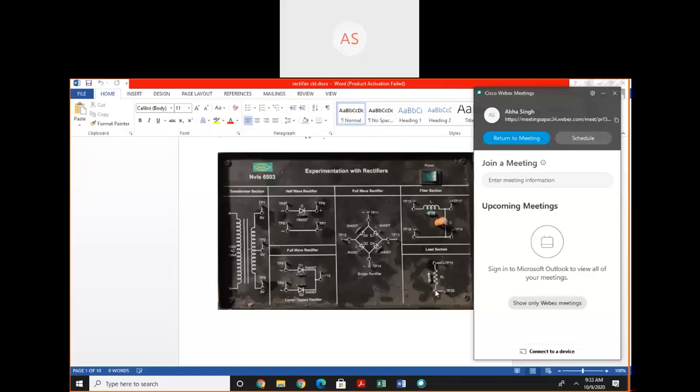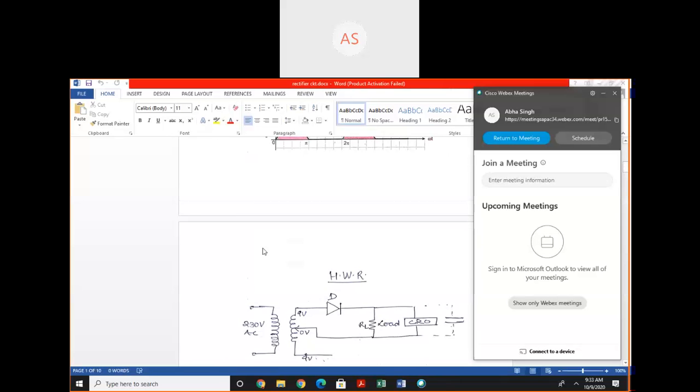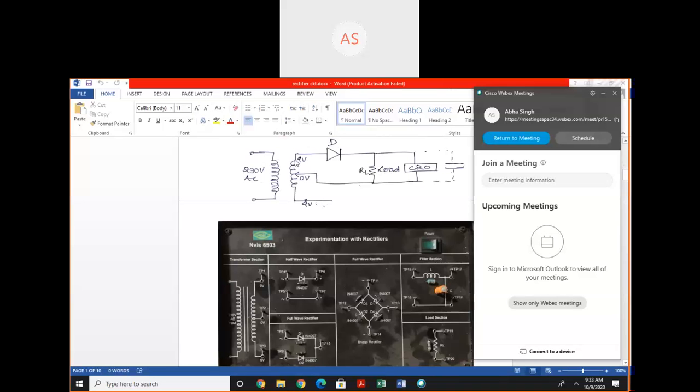This resistance is connected to TP7 to TP5, and then this TP5 is connected to the 0 volt.